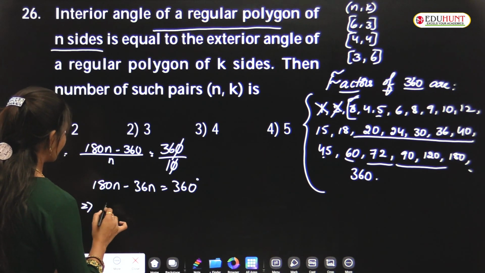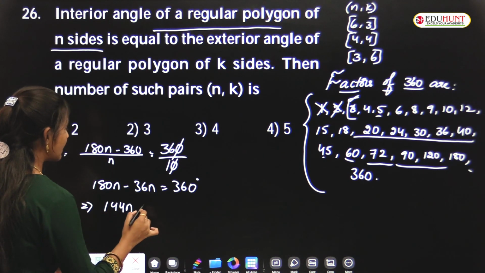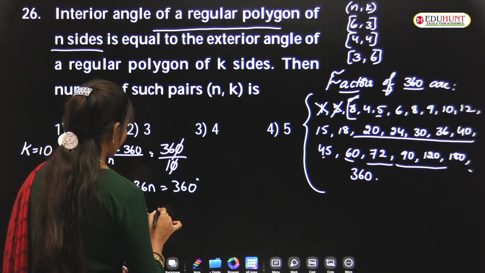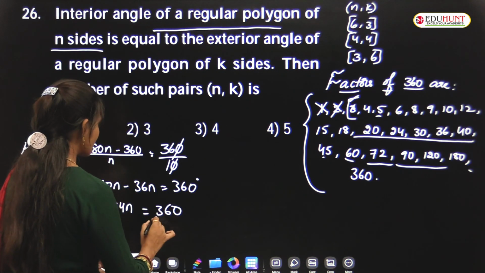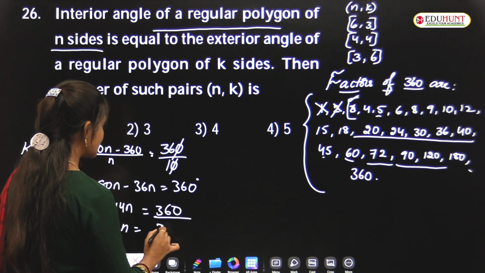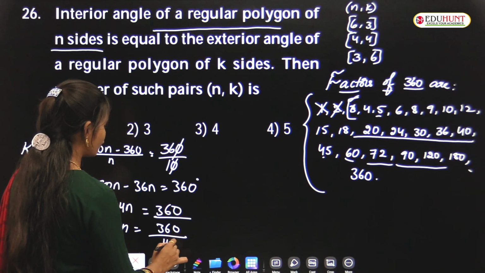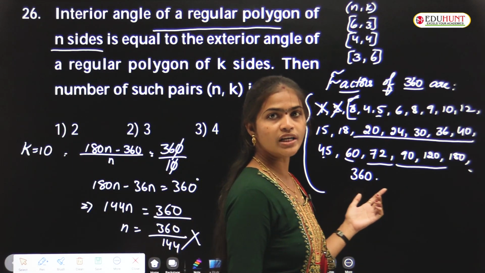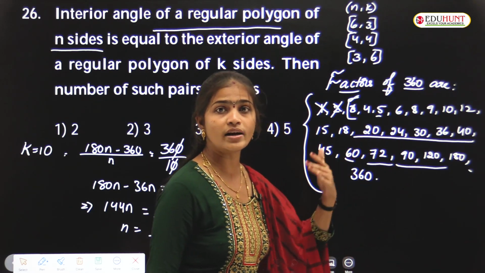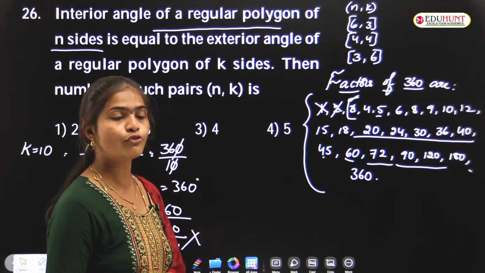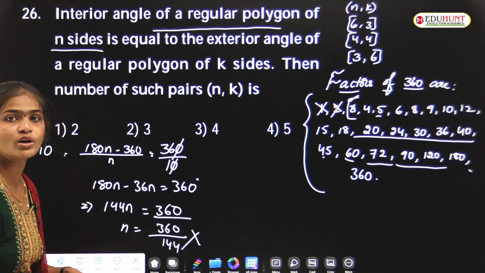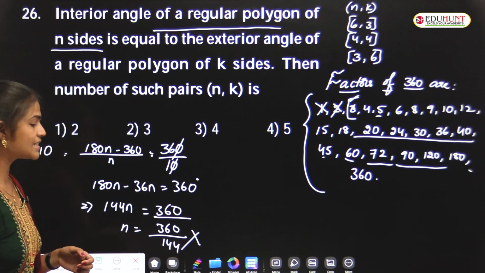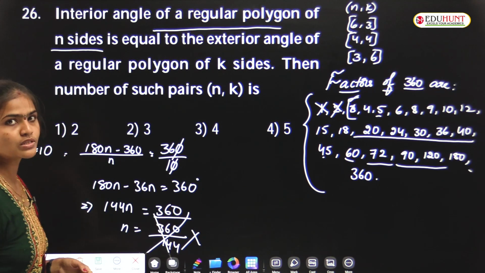Okay, which is equals to 144n, which is equals to 360. So n is equals to 360 by 144. Just check that here in these cases we are not having 144 also. So 360 is not exactly divisible by 144. Why? Because 144 is not a factor of 360. That's why this is not possible.